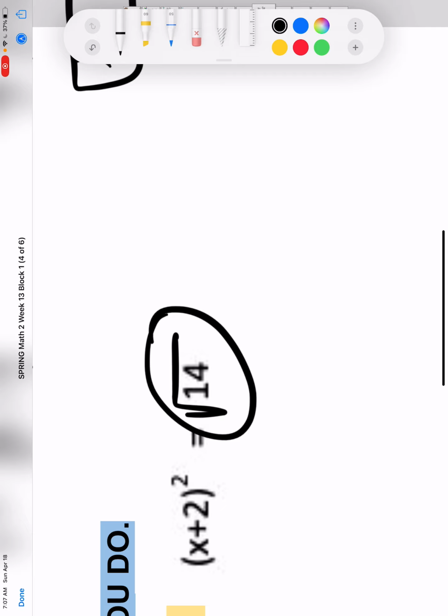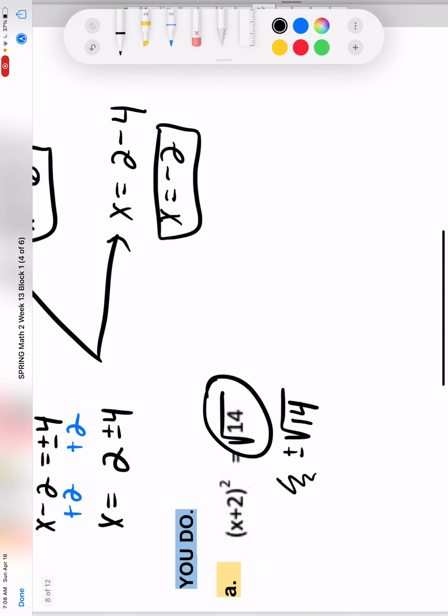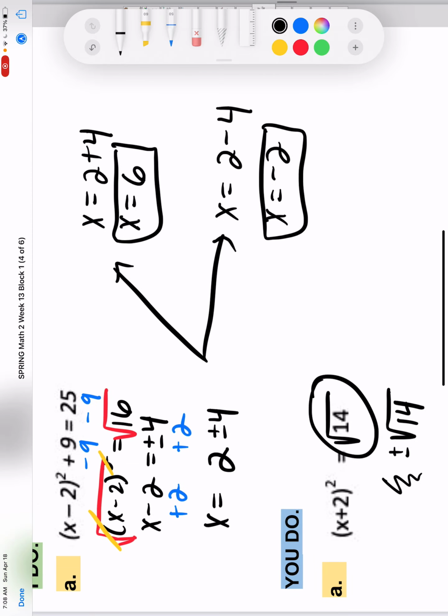Just leave it. Don't put it into a calculator. If you put it into a calculator, it's no longer an exact solution. It's an approximation. So instead, just leave it as the plus or minus radical 14. Stick whatever else you get in the front, and then you can box that as your answer. Okay, so go ahead and finish that one, and then let's move on.